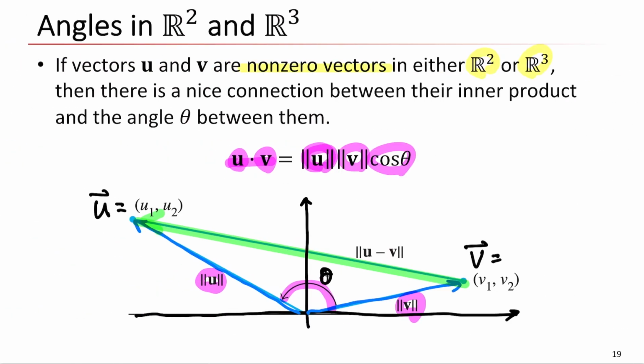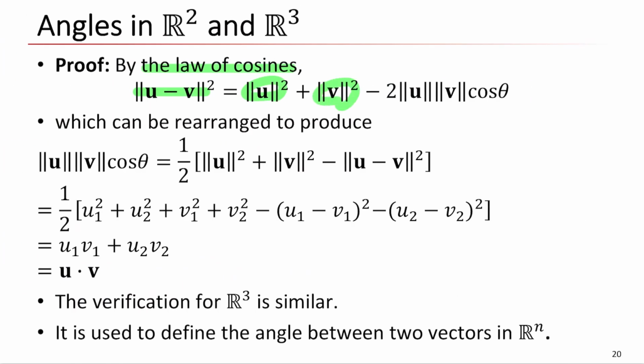It should be something like the square of u plus the square of v minus 2 times u times v times cosine theta, right? So please check this one. Maybe you learned this in high school. Please find out what it was.